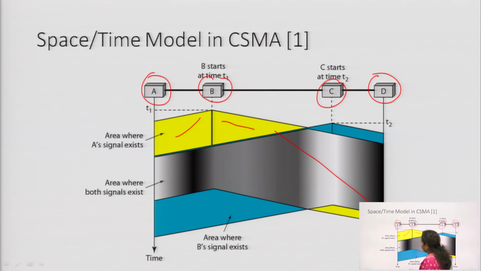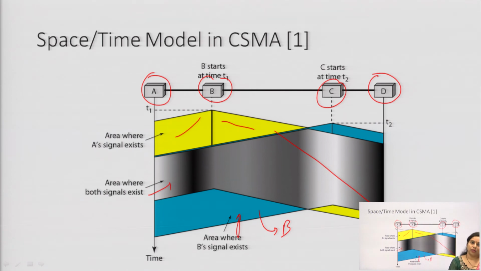Now, this is the area where both the signals will exist, where this A area and this C signal both will exist. Now, this is the B signal, which is shown by this blue color. So, this is B's data, and this is how the space and time model in CSMA, that is carrier sense multiple access, will work.